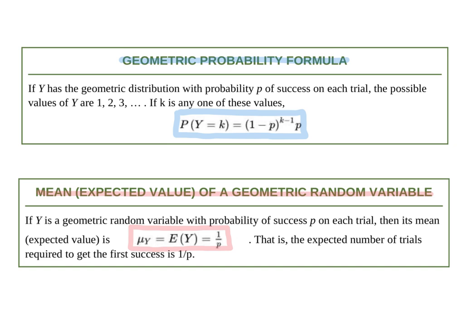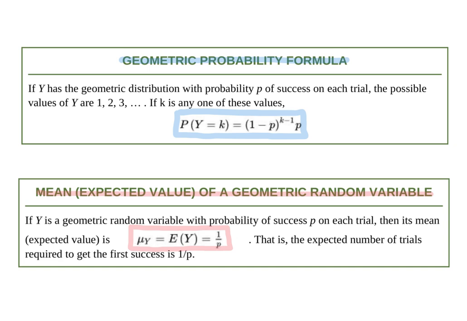So of course there's a geometric probability formula, and that says if y has a geometric distribution with a probability p of success on each trial, the possible values of y are 1, 2, 3, etc. And if k is any one of those values, then we calculate the probability that y is equal to k as 1 minus that probability, so essentially that not happening, to the power of k minus 1, whatever it is that we're looking for, times that probability.